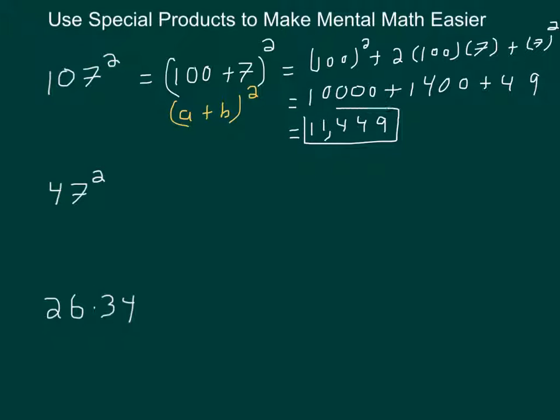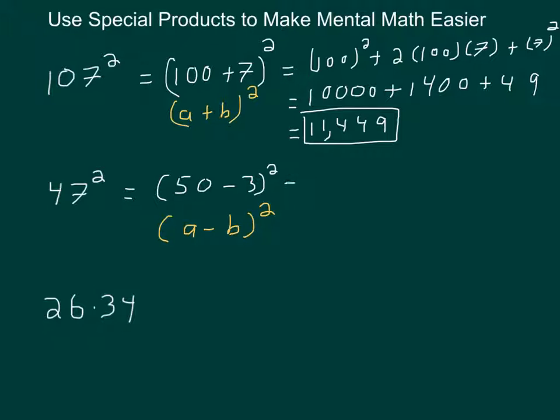So that's one of the ways that we could use a perfect square trinomial to figure that one out. With 47 squared, we could maybe choose to use the other perfect square trinomial and rewrite this as 50 minus 3 squared, which I hopefully recognize as a minus b squared, where 50 is a and 3 is b.